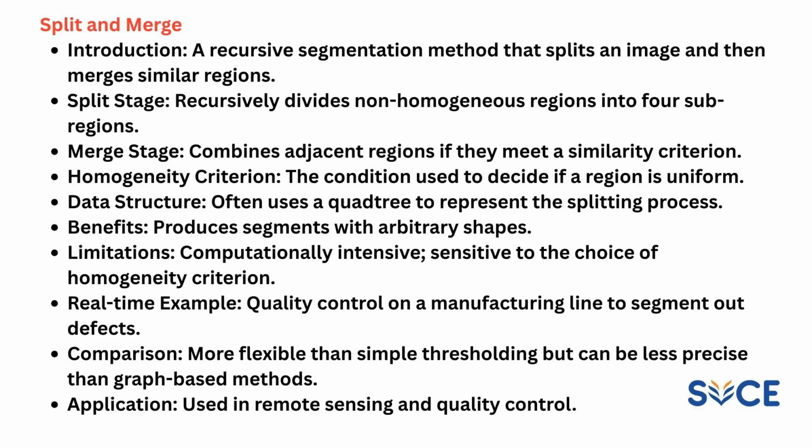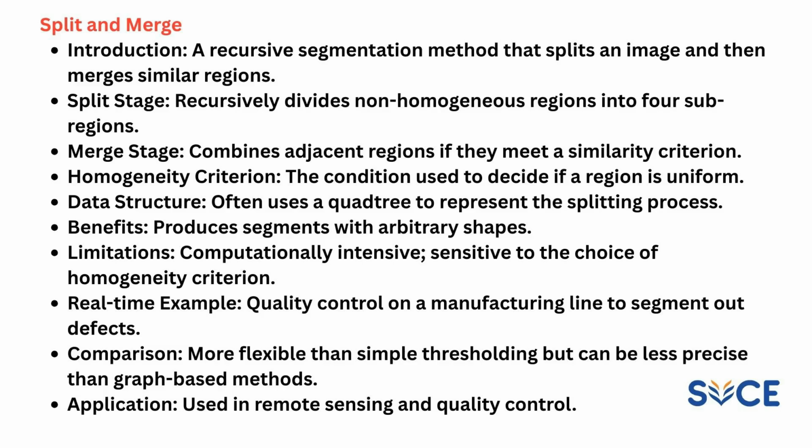This makes it a great choice for segmenting objects with complex organic outlines. However, like any algorithm, it has some limitations. It is computationally intensive. The recursive splitting process can be very demanding on computer resources, especially for large, complex images.